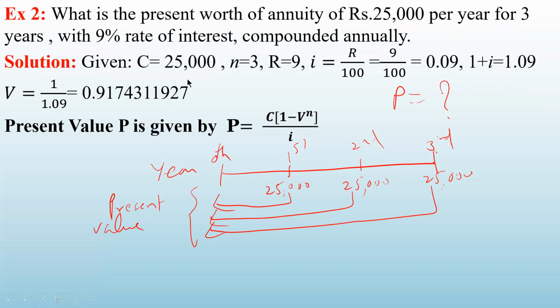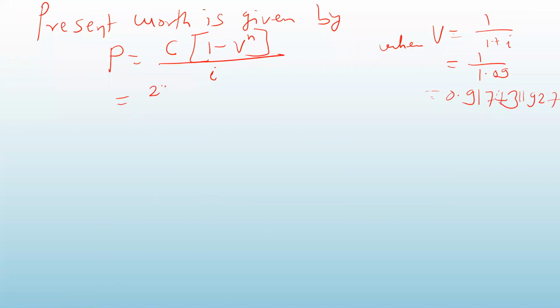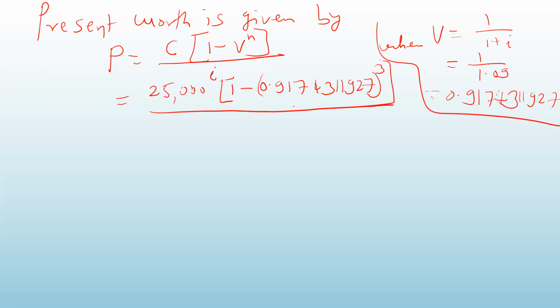C is 25,000, 1 minus V, where V is 0.91743, raised to power 3, since N is 3, and divided by I, which is 0.09.